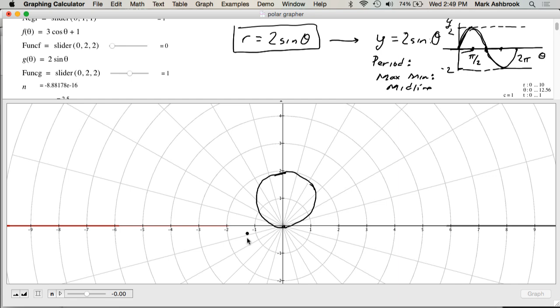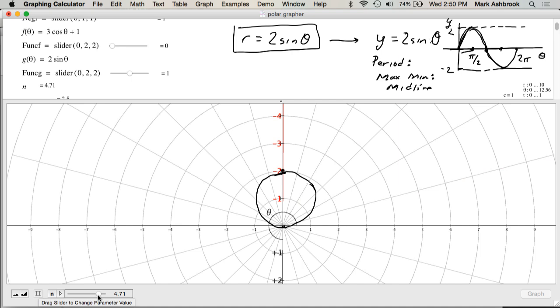So we're imagining the angle sweeping through the third quadrant, and that radius is going to be in negative territory. So from 0 to -2, which is on the red side of the line, on the red line.